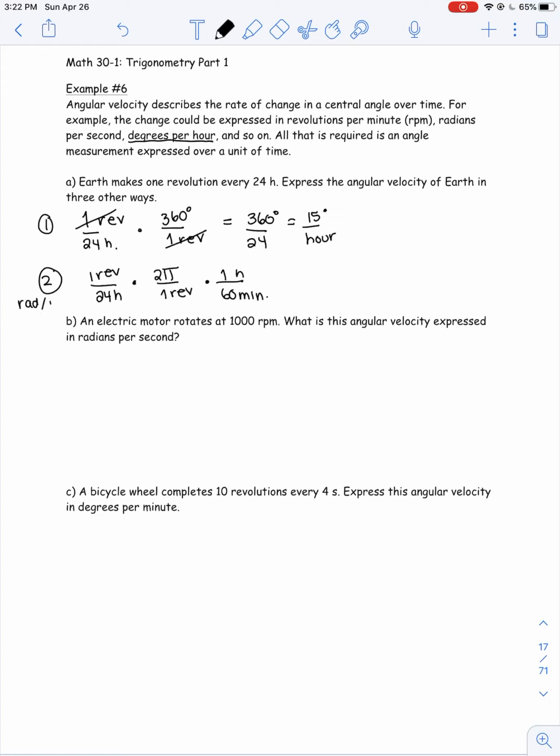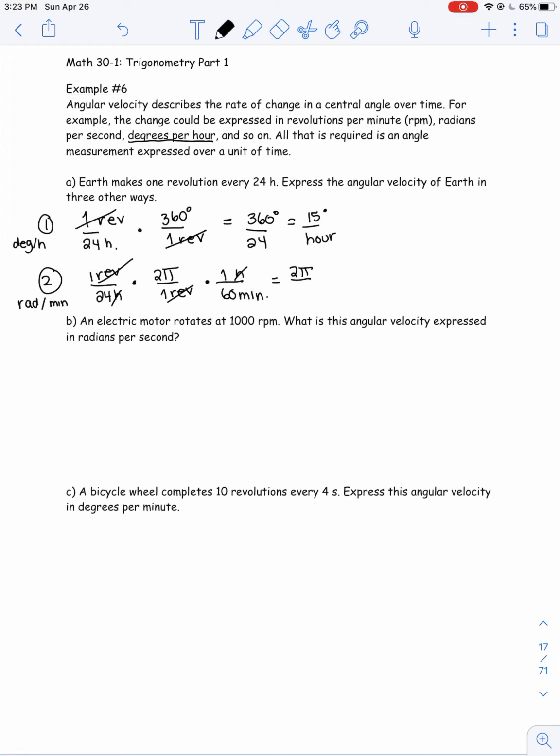So this is converting to radians per minute, and the previous one I converted to degrees per hour. These will cross each other off, and I'll get my answer. These hours will cross each other off, and then I'll have radians per minute.